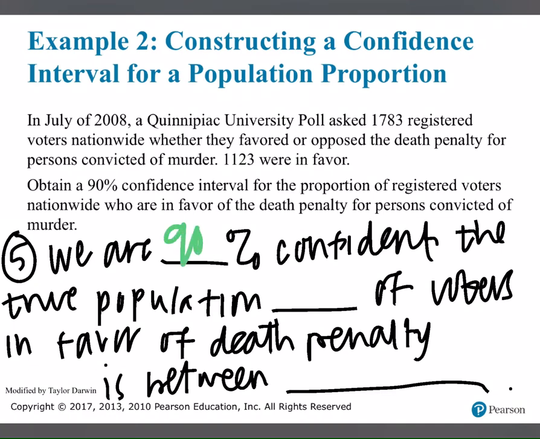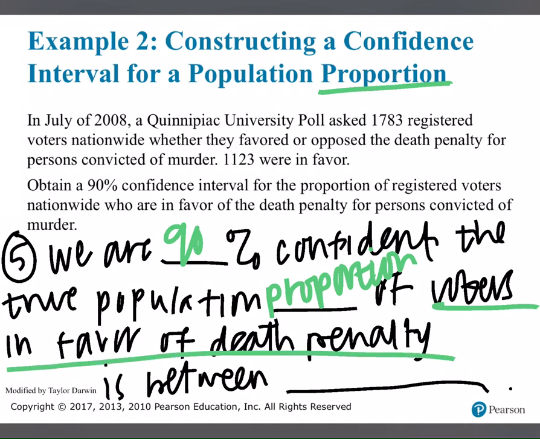So in our case, it was 90%. Could be 95, could be 80, whatever it says. Of the true population, we're talking about proportion. Sometimes it'll be mean. That's what we're going to talk about in the next section. And of course, voters in favor of the death penalty, that's just whatever it is that you're talking about.